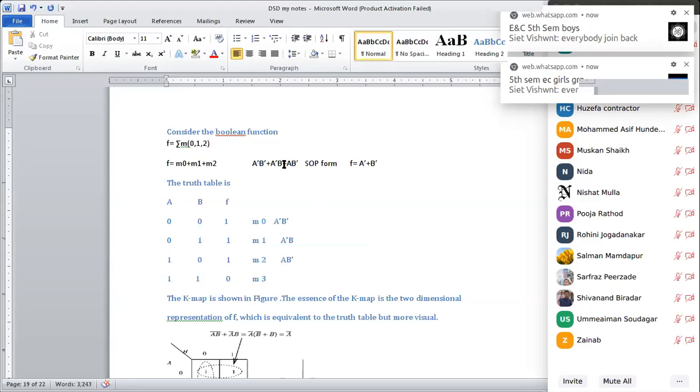So this is also the same, but the only thing is the first one is quite complex to implement in terms of logic gates.